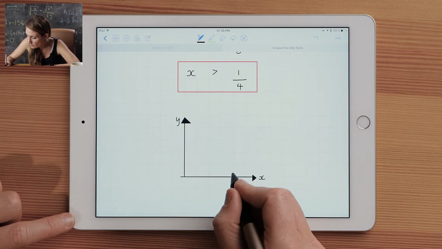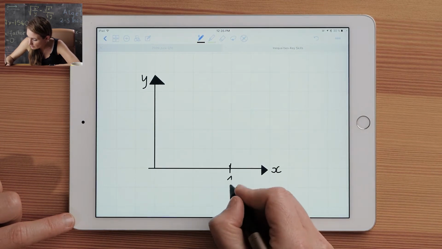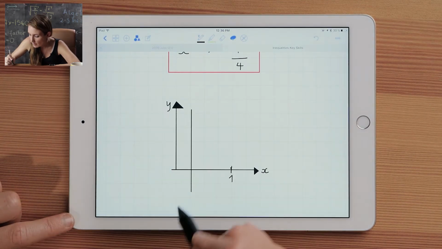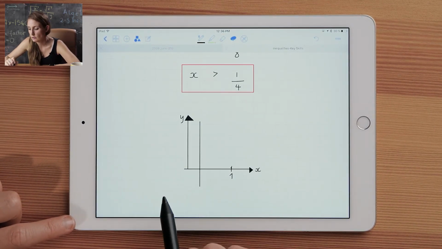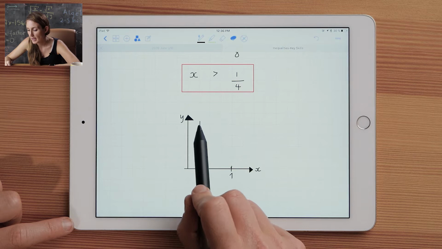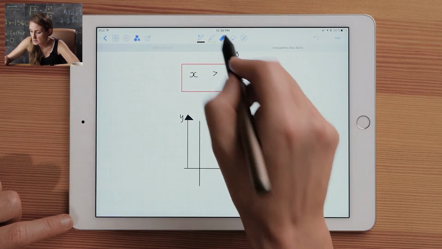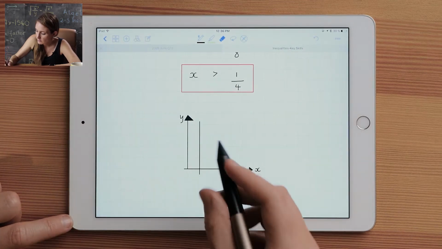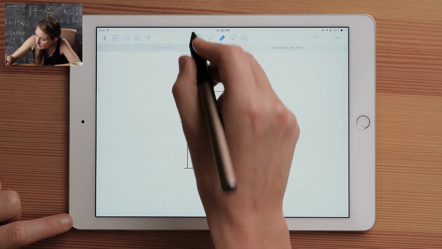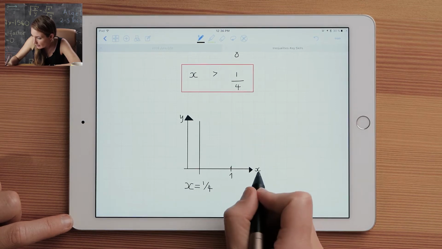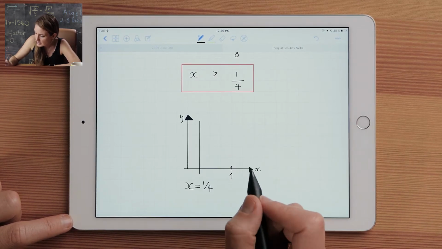If I'm going to make this 1, just so we have a bit more space, then x equals a quarter would be here. If you can't remember how to show an x equals or a y equals line, remember the x equals lines go through the x-axis. So that's the easiest way to remember. So it's x equals a quarter, so it has to cut through the x-axis.